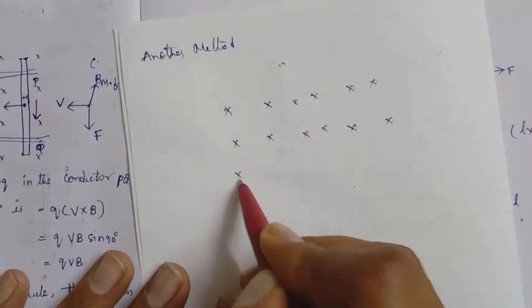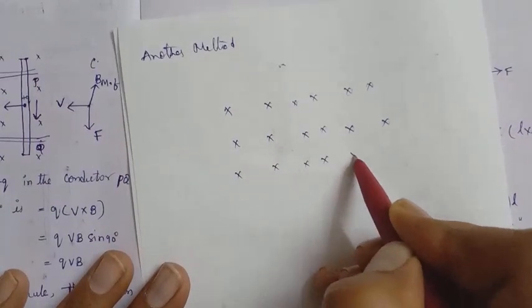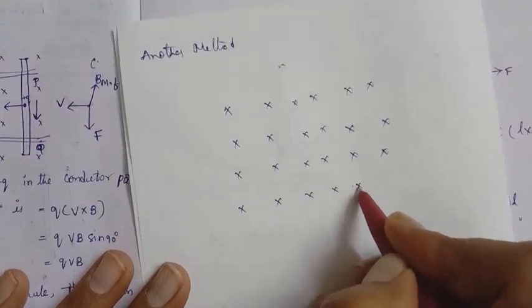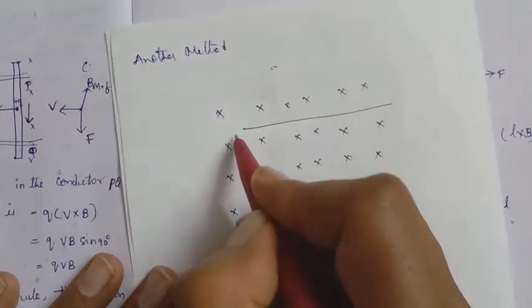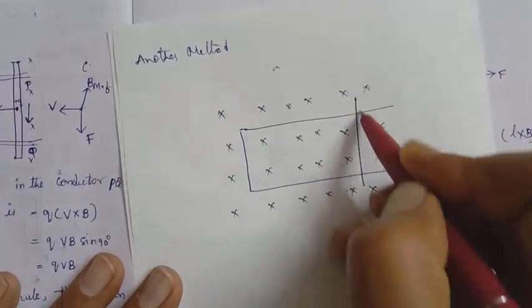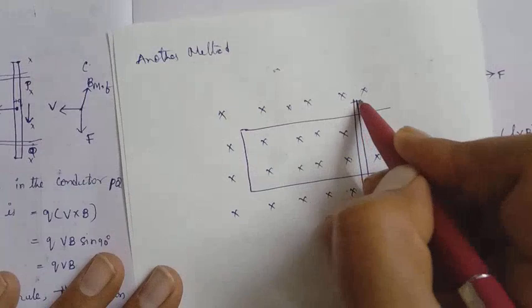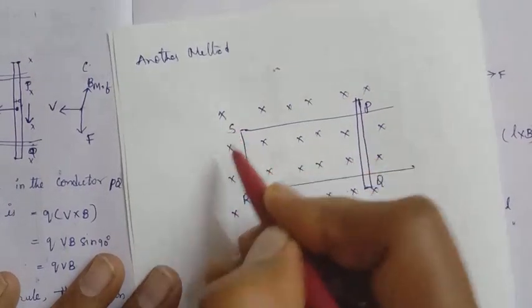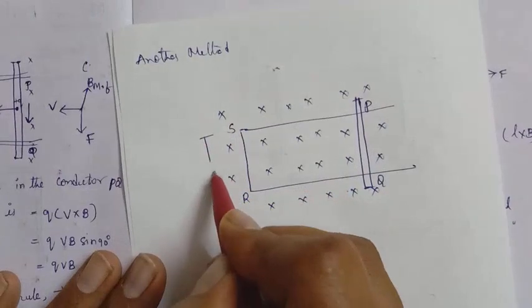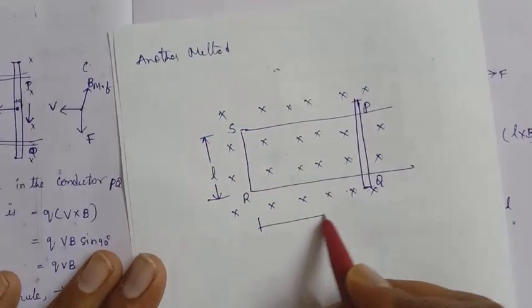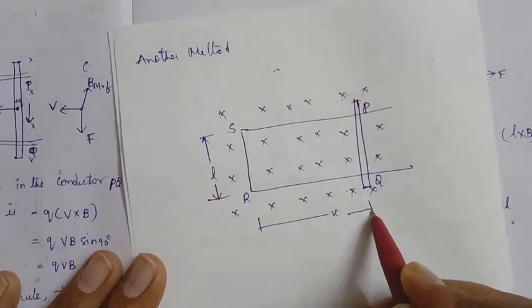It is a uniform magnetic field. A rectangular loop with a free-to-move rod PQRS. From S to R the distance is L, and from R to Q the distance is equal to x.